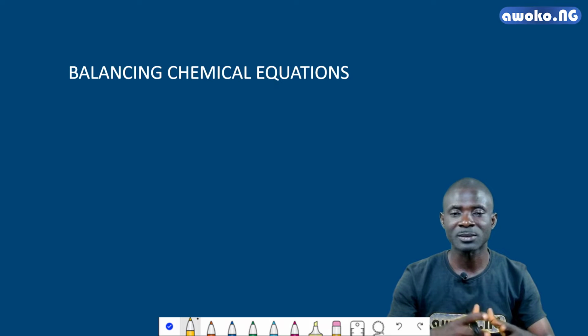Now, let's take a look at some of the steps on balancing chemical equations. And before we go into that, why is balancing a chemical equation very important in chemistry? According to the law of conservation of matter, which states that all matter can neither be created nor destroyed, all chemical equations must be balanced in order to comply with the law.